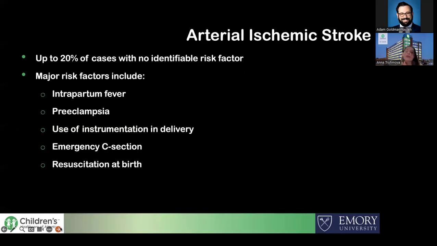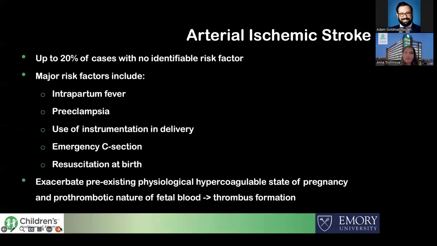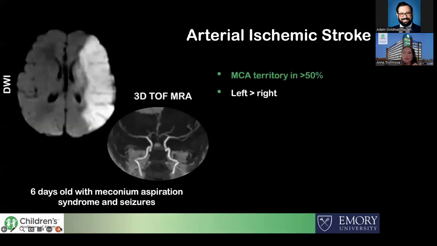However, there are some known risk factors that predispose or increase risk of arterial ischemic stroke developing, which include intrapartum fever, presence of preeclampsia, use of instrumentation, emergency C-section, resuscitation at birth. And it is thought that all those risk factors basically exacerbate the pre-existing hypercoagulable state of pregnancy, and they eventually lead to thrombus formation.